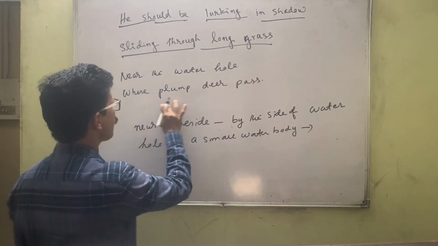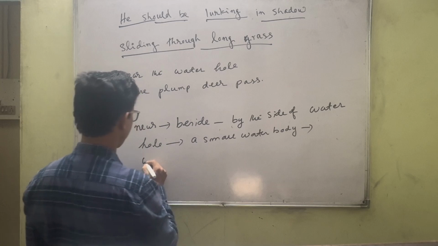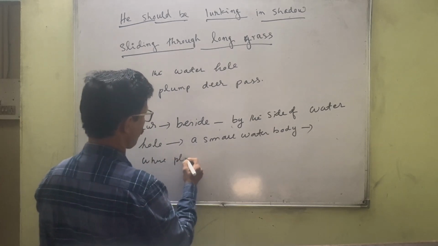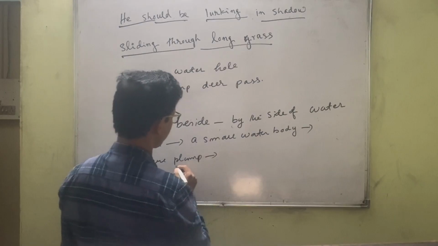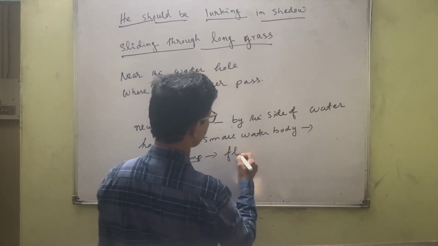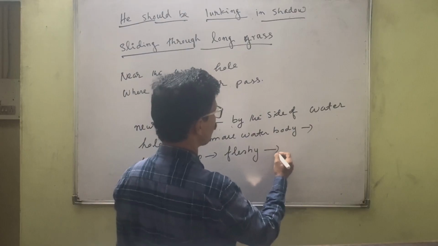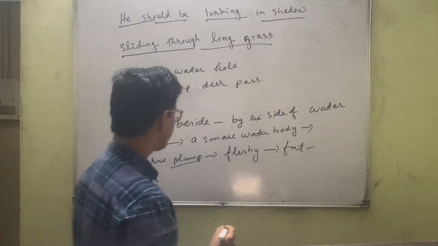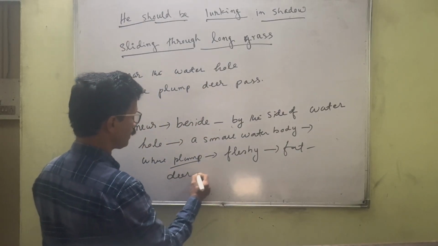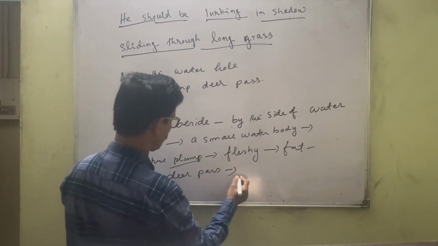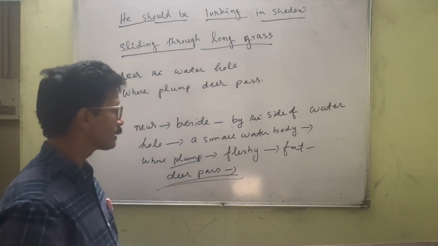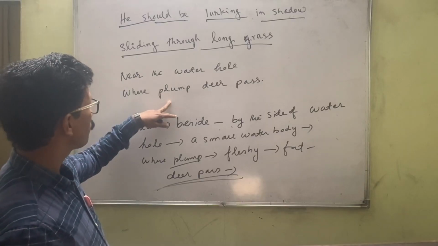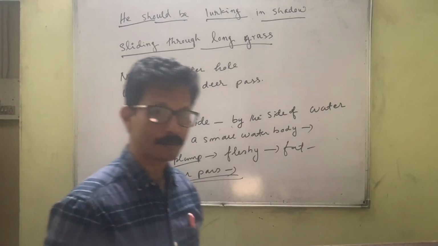So, where plump deer pass? Plump means fleshy, you can say fat. Deer pass near the water hole to drink water.